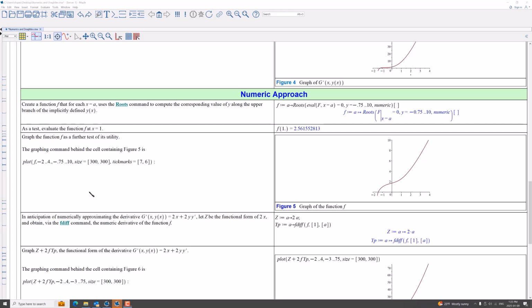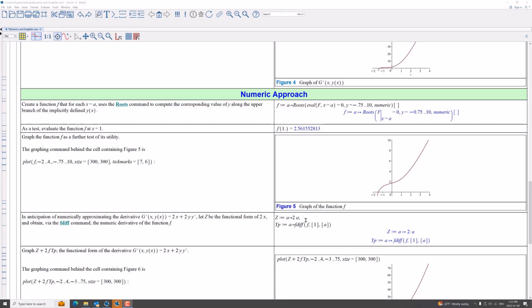So now I wanted to know if I could get the derivative g prime of x, y of x numerically. And so I'm looking at this 2x here. Now I know I can do 2y because I've got an expression numerically for y, and I'm thinking y prime I could get with the fdiff command, and I realized this is x and this is a function of a.